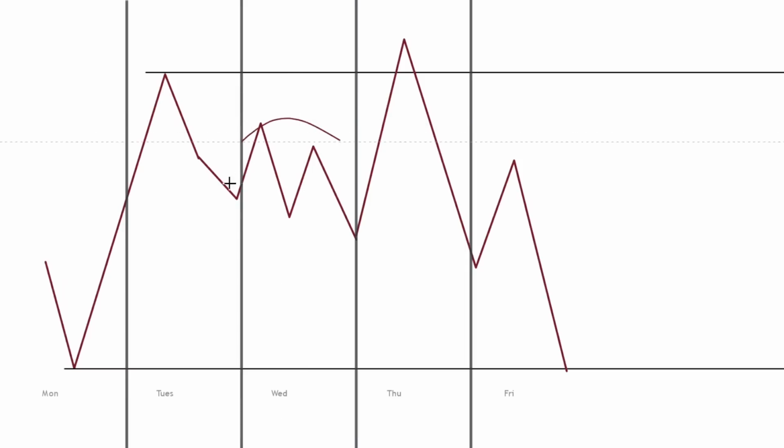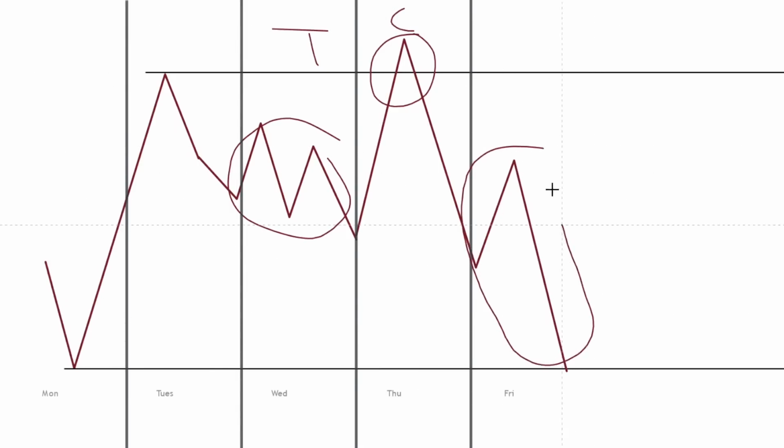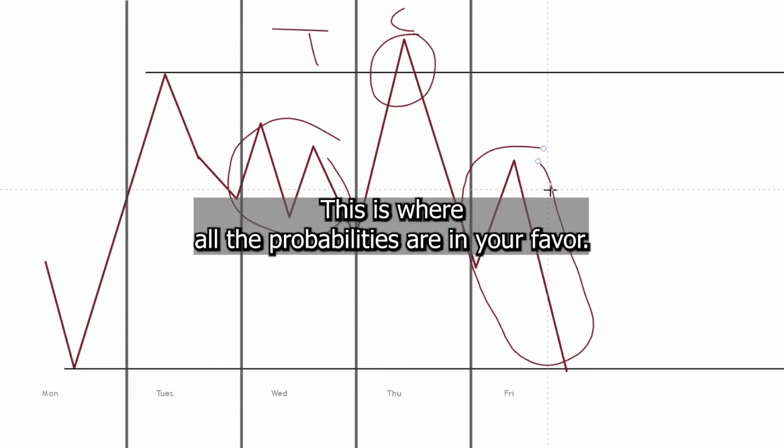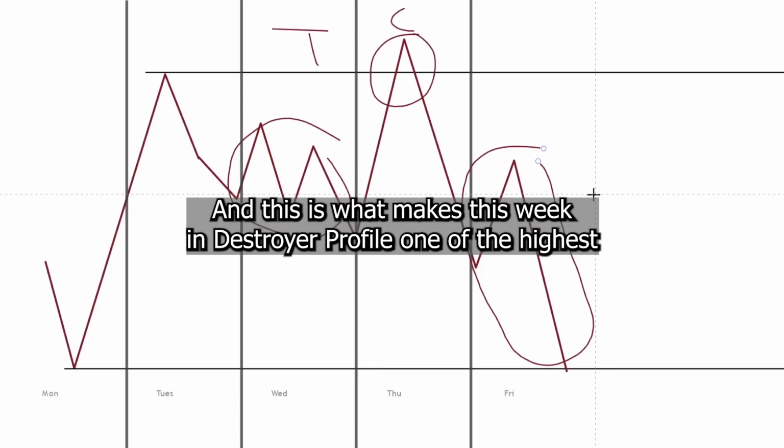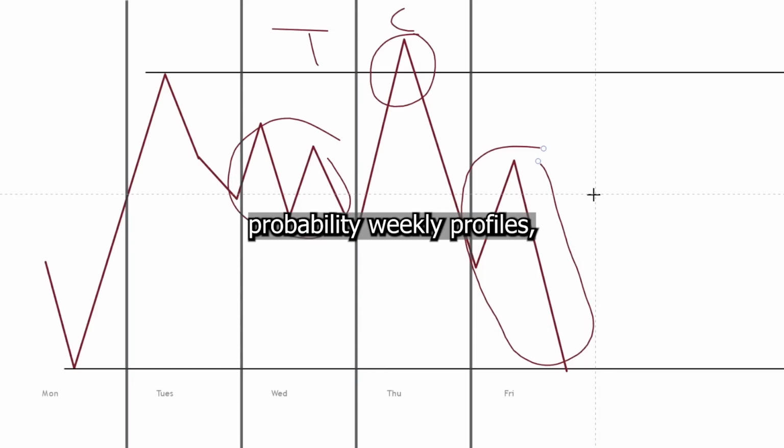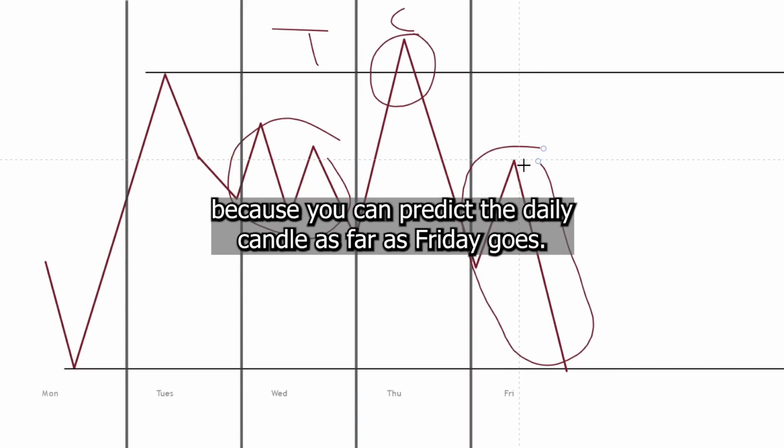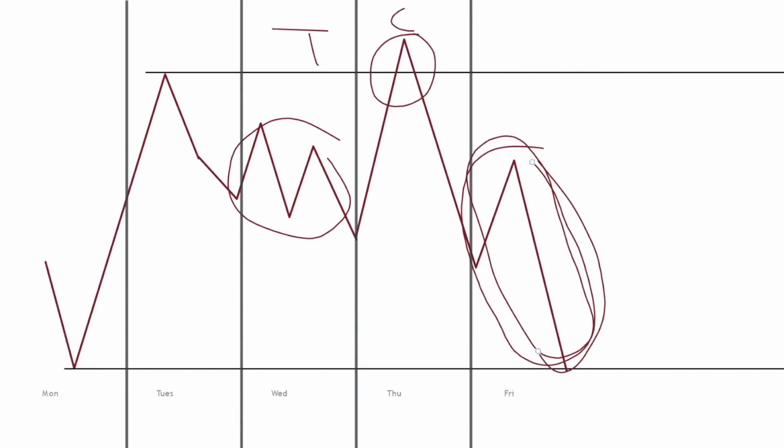You're not trading on Wednesday, and you're definitely not trading on Thursday, because this is your trap day and this is your clue day. You are trading on Friday. This is where all the probabilities are in your favor, and this is what makes the seek and destroy profile one of the highest probability weekly profiles, because you can predict the daily candle as far as Friday goes.